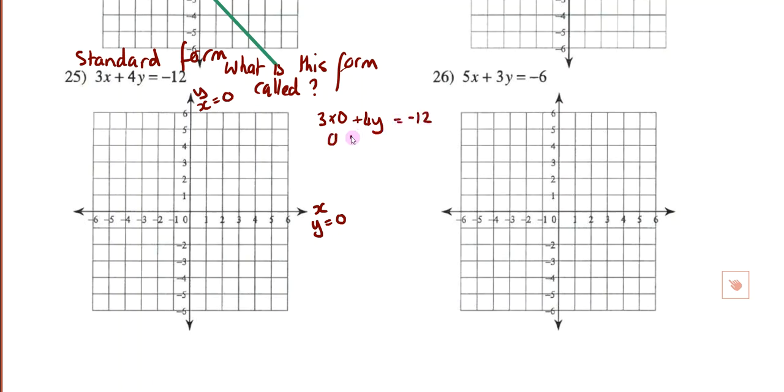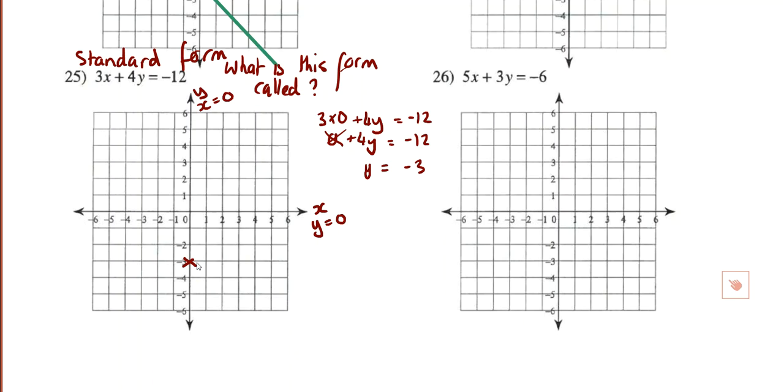So that's 0 plus 4y equals negative 12. So I can forget that and just say 4y equals negative 12. So what must y be? Negative 3. So I know that my y-axis intercept is at negative 3.